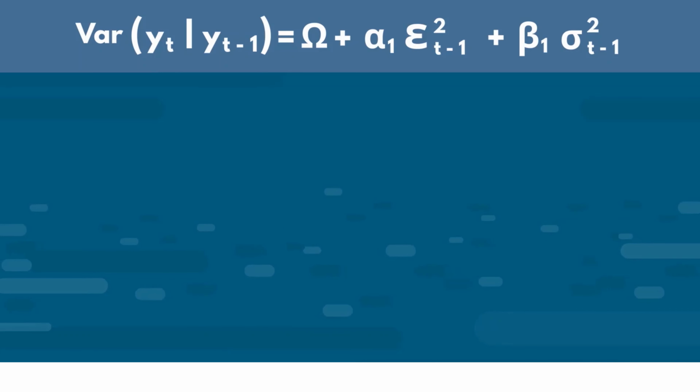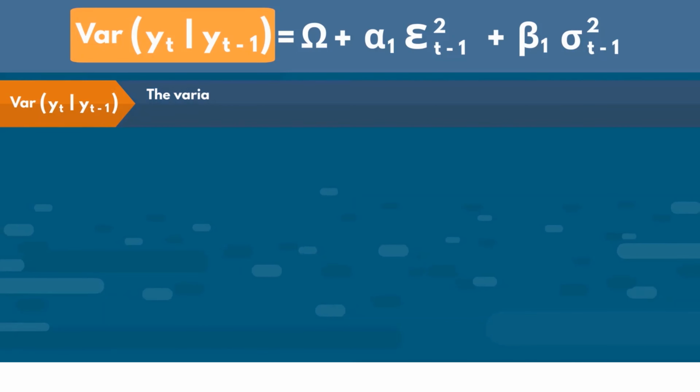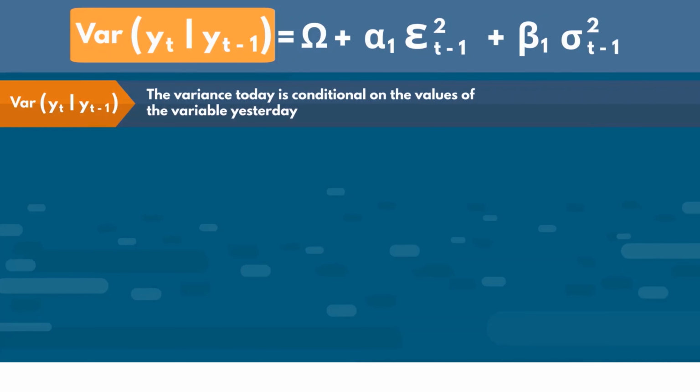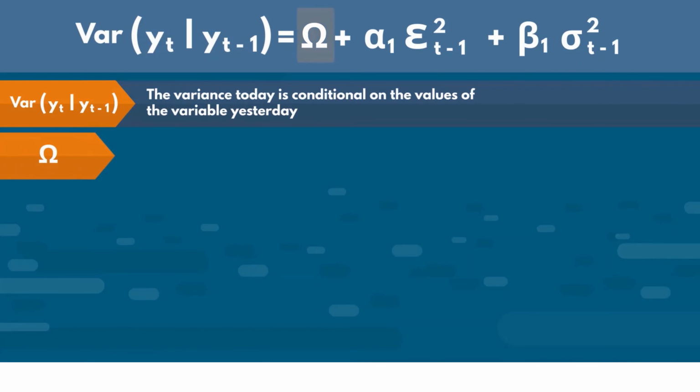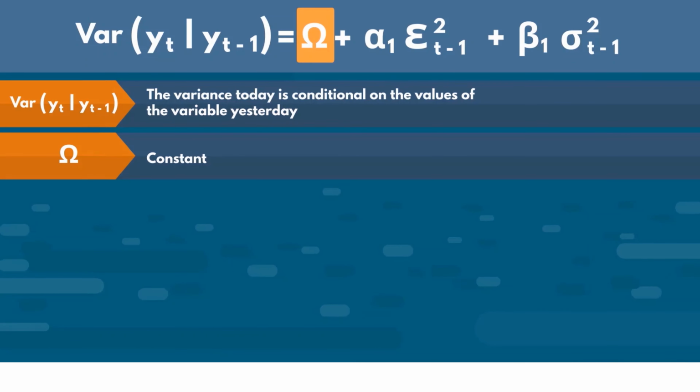So let's go over all the components of this model, just as we did with the simple ARCH. The left side of the equation states that the variance today is conditional on the values of the variable yesterday. Next in line, we have omega, which is the constant term for the model. In ARCH, we had a single series of independent variables, so we call this constant alpha null.